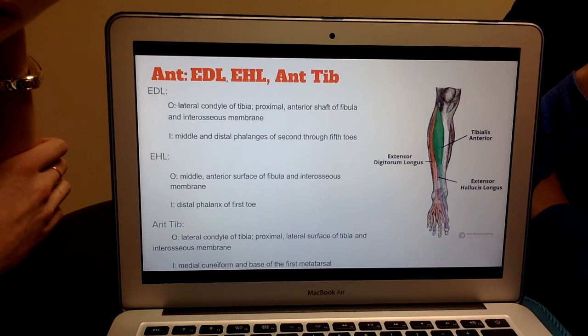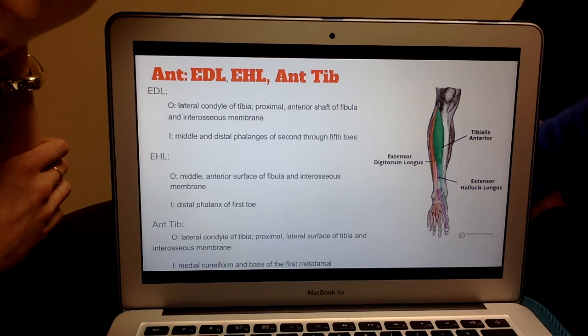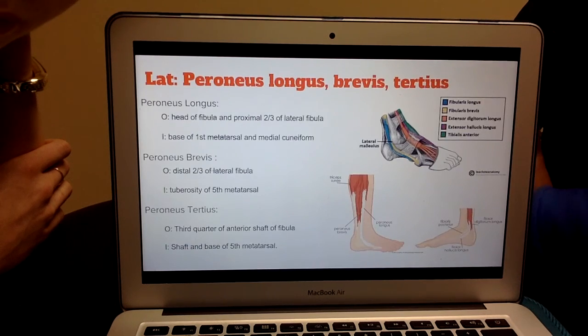It inserts on the distal phalanx of the 1st toe. And then the anterior tib, which is green in the picture, originates on the lateral condyle of the tibia, the proximal and lateral surface of the tibia, and the interosseous membrane, and it inserts on the medial cuneiform and the base of the 1st metatarsal.